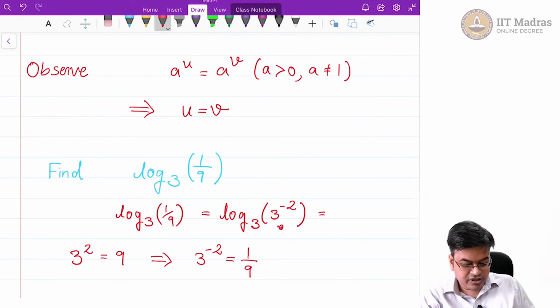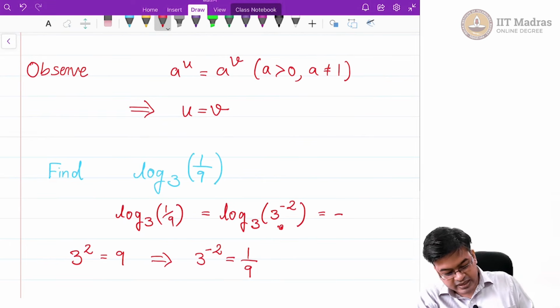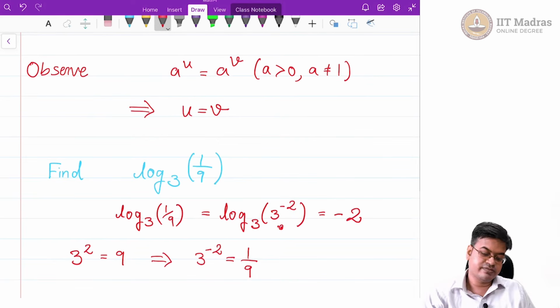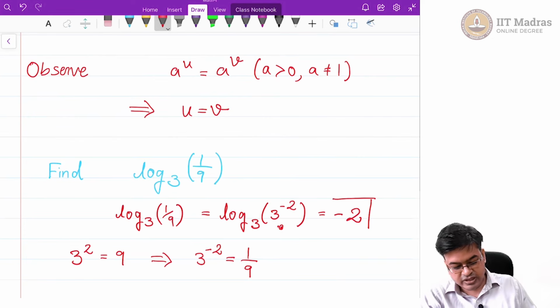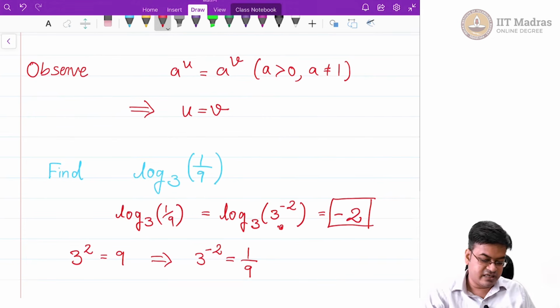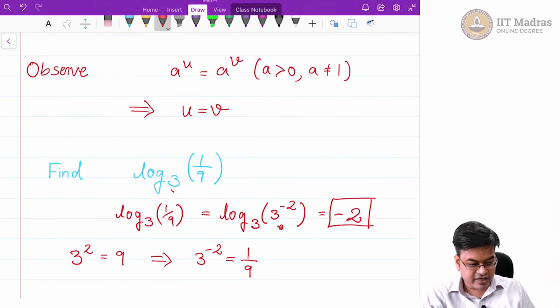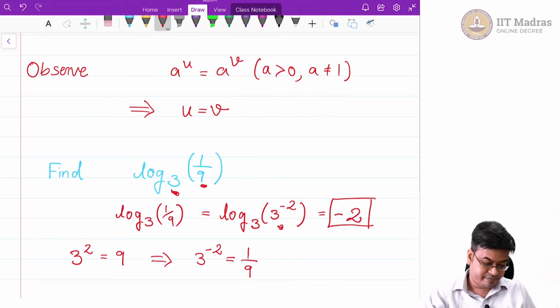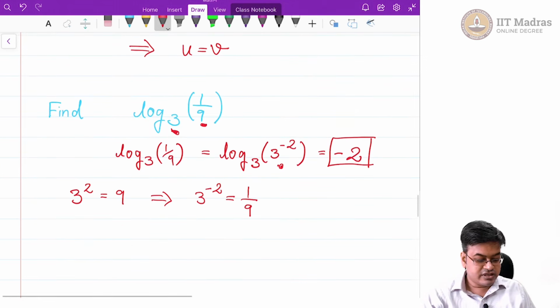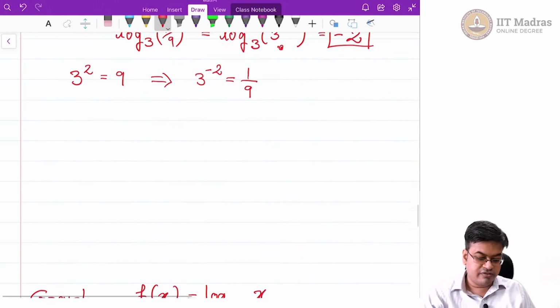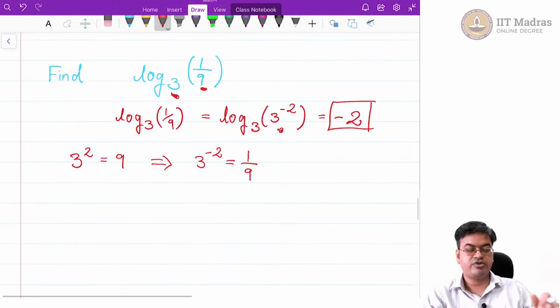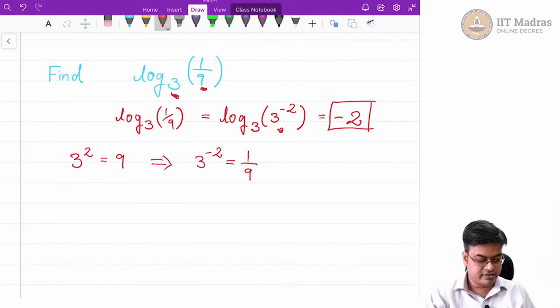Log of 3 raised to x is again going to be x, so you will get minus 2 as the answer. This is how you can solve some problems very easily when you can identify that the argument is actually a power of the base. So this is the use of log. We will deal with it in more detail when we solve the problems on logarithms.